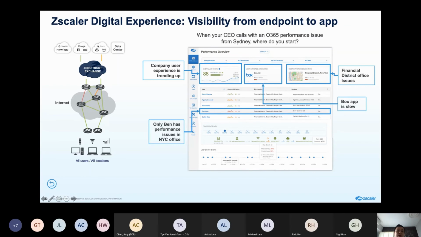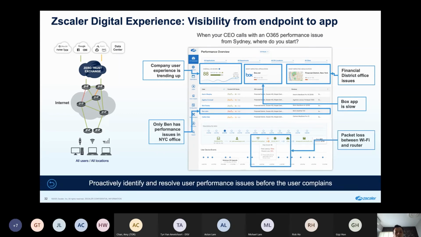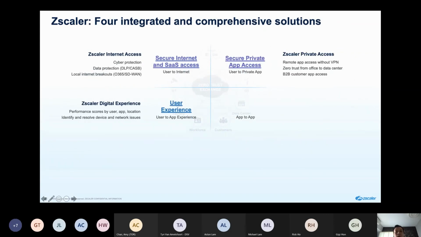So digital experience helps enterprises identify issues quickly as they adopt more and more cloud applications. Again, this is not exactly security related, but once you have adopted our solutions ZIA and ZPA, you can enable this feature by a few clicks.